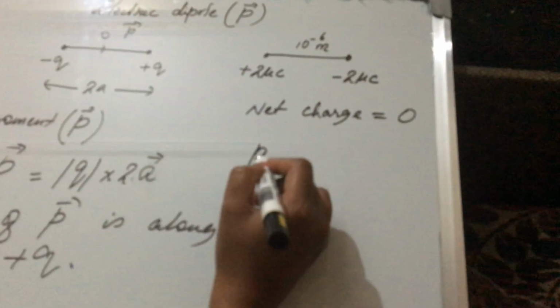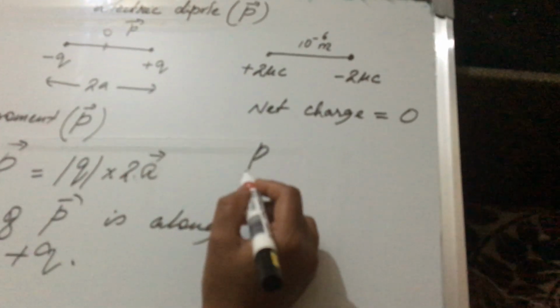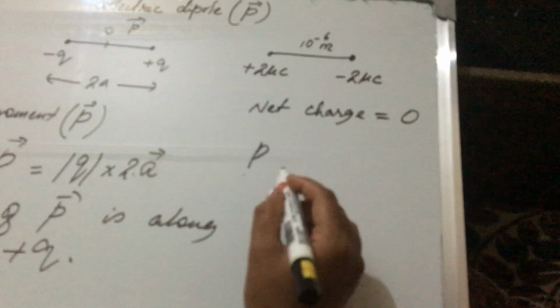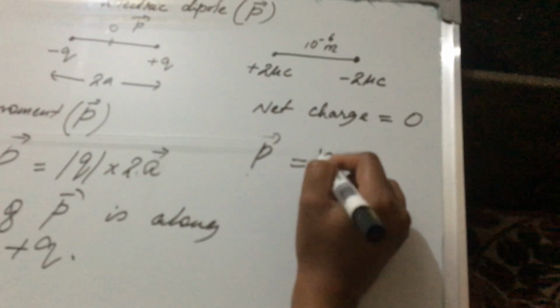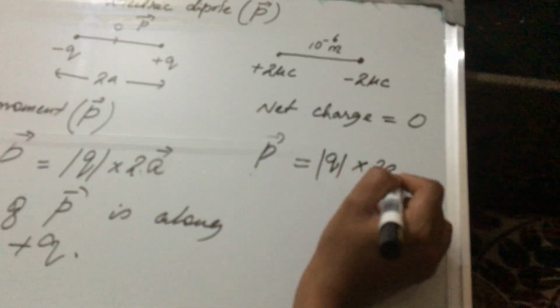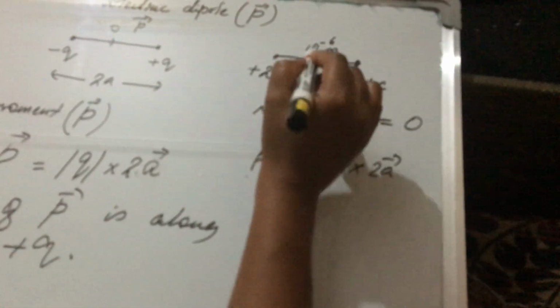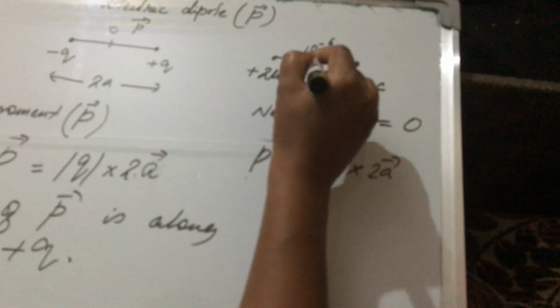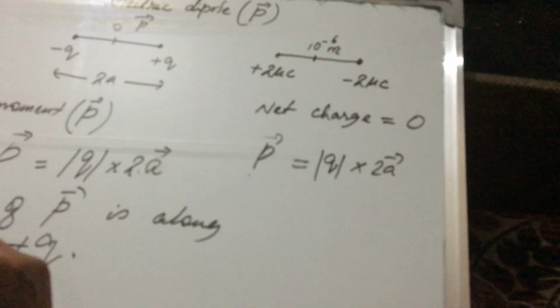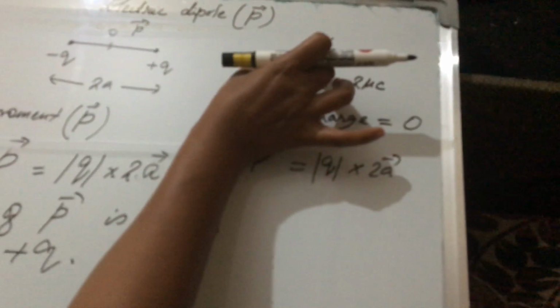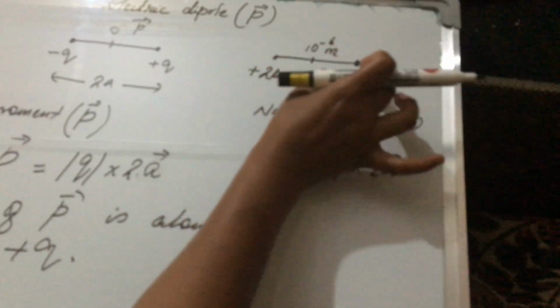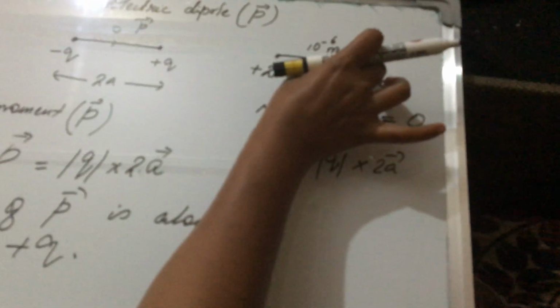Now, dipole moment I'm showing by the symbol P. What is the dipole moment? As it is defined as the magnitude of either of the charges and the distance between the two charges, right? Now I have chosen this as an origin, then this distance will be half of 10 to power -6, and this will be half of 10 to power -6.